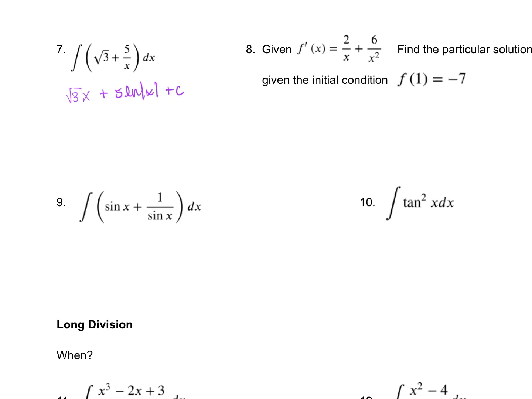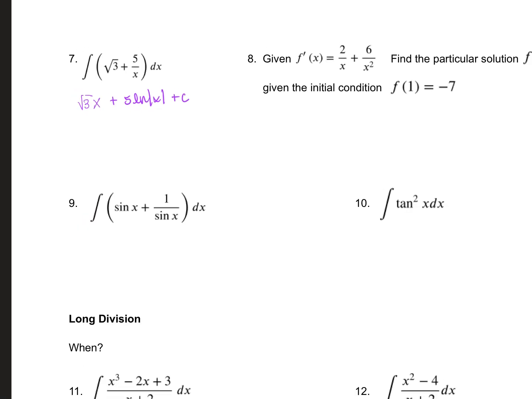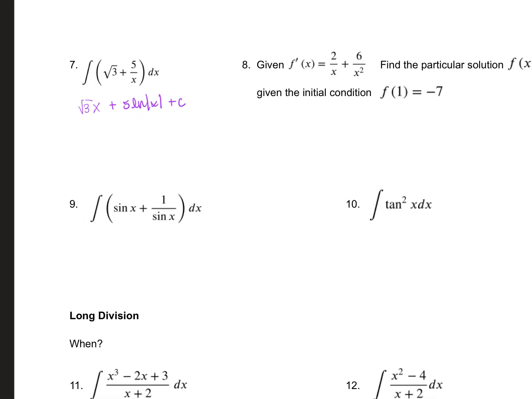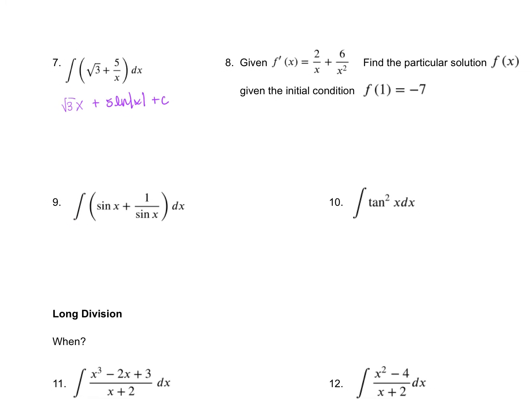8. This right here is what's called a differential equation. It's got derivatives and non-derivatives mixed together. Remember, f prime means dy dx. So we have dy dx is equal to 2 over x plus 6 over x squared.